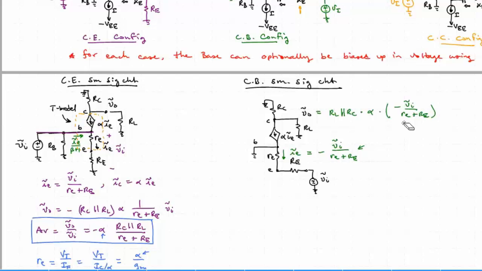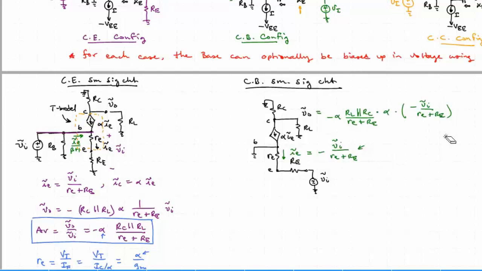Let me clean this up. We'll have minus alpha times the ratio RL parallel with RC over little re plus big RE, all of that times VI.